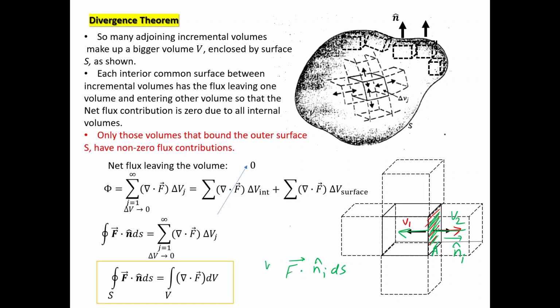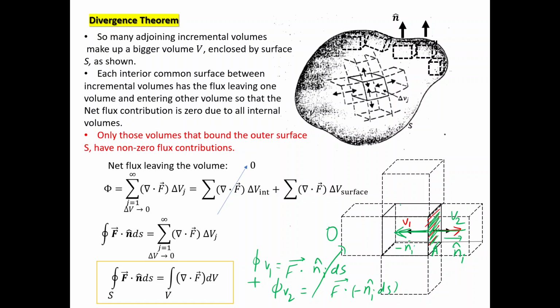In case of V1, the flux is f dot n internal times dS. Then the flux in case of V2 will be the same f dot, but now the direction will be opposite, minus n internal, into dS. And if you add both of them, the resultant will be 0.